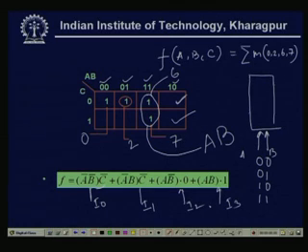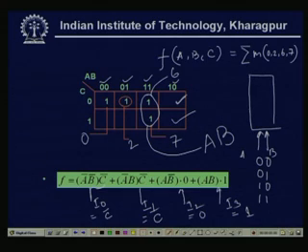Now, see what is my I 0, I 1, I 2, I 3? When A B is 0 0, I 0 is nothing but C bar, I 1 is also C bar, I 2 is 0 because my fourth column is empty, I 3 is 1.